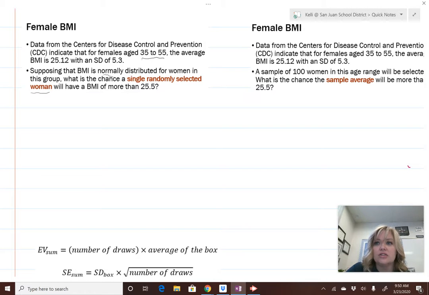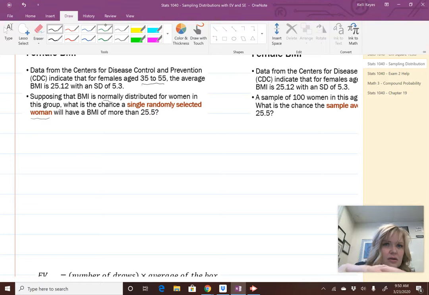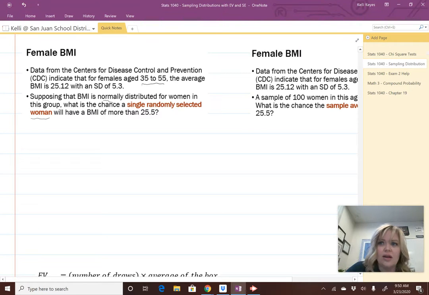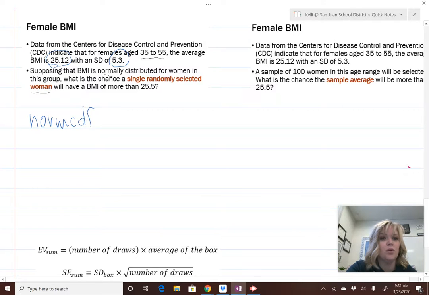So if we are looking at just the probability of one woman, then we only need to use just this average and this SD, right? So when we plug in the norm CDF, we're wanting, hey, what's the probability that just one woman has a BMI higher than the 25.5?